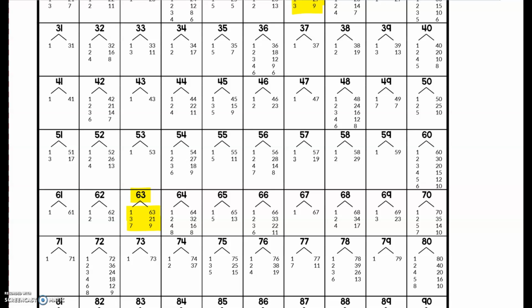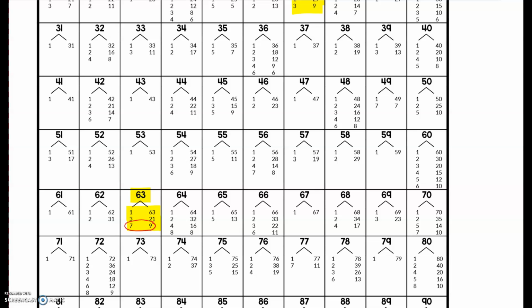Well, I don't necessarily see something that will add to give me 2. However, if you're thinking we have opposite signs, the numbers really are going to subtract to give us 2. So in this case, 7 and 9 would be the pair that when I subtract them, I will get the 2.